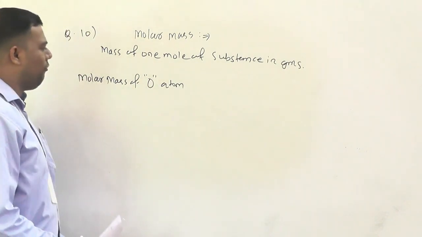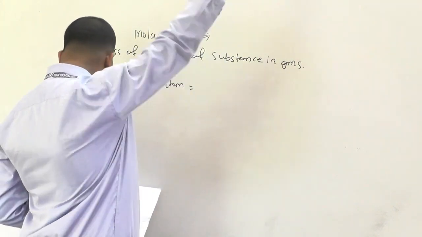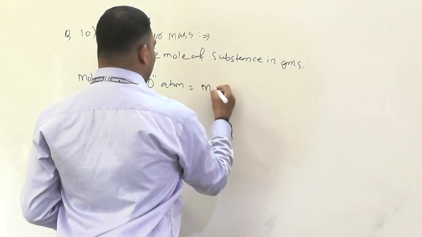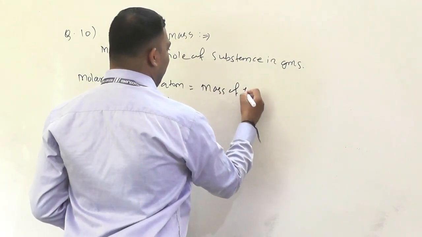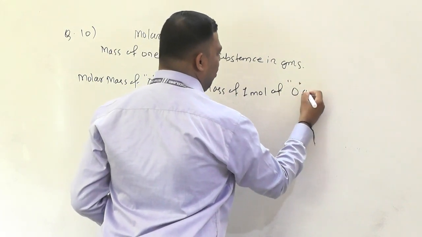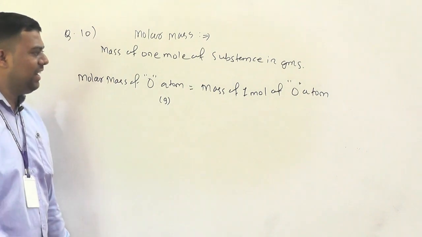So molar mass of oxygen atom is the mass of 1 mole of oxygen atom in grams.